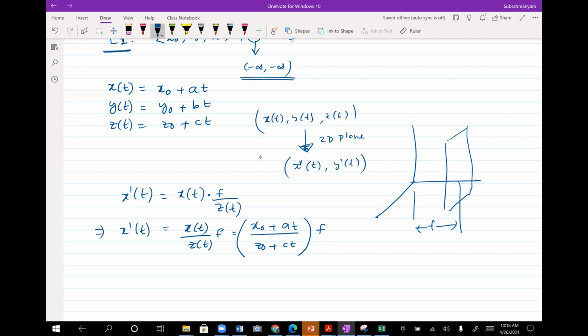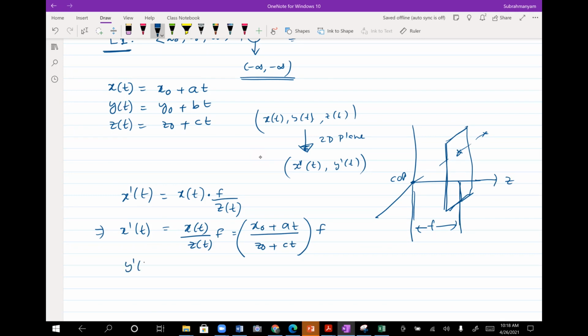That's f, the distance from the center of projection to the 2D plane where you are taking a projection of the 3D point. You are taking that projection onto this plane. So this is your z, for example, and the distance from the center of projection to this is f.